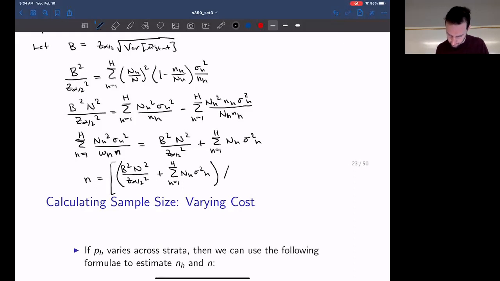And this whole thing is going to be divided by the sum from H equals 1 to capital H of N_H squared sigma squared_H divided by little w_H. And then we need to invert that entire quantity.